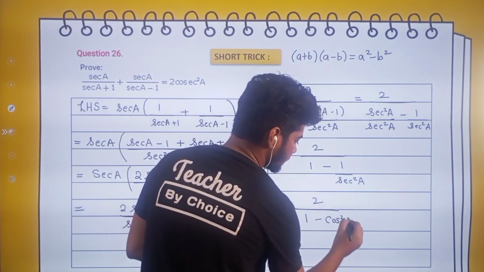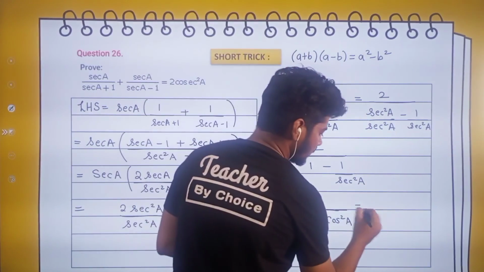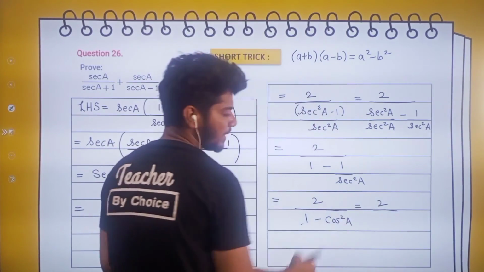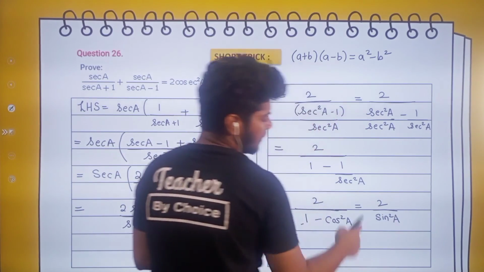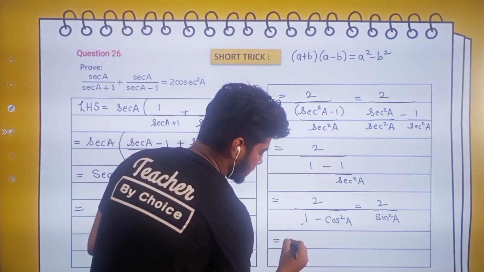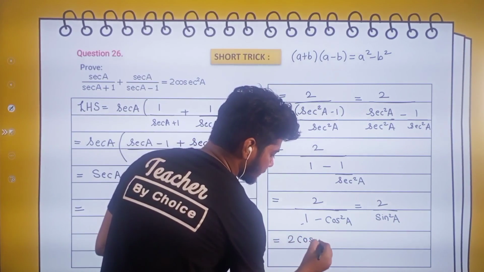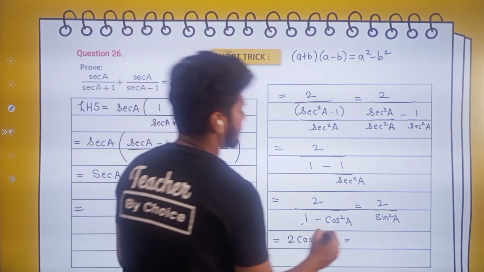This is cos square a. Right? What is 1 minus cos square a? 1 minus cos square a is sin square a. Right? And 1 by sin square a is again cosec square a. Okay, this is equal to 2 cosec square a, right, which is equal to your RHS.